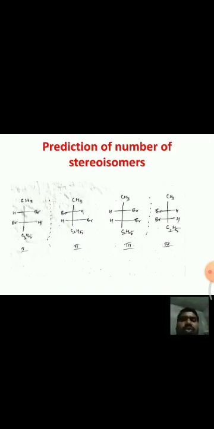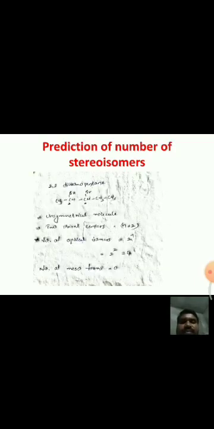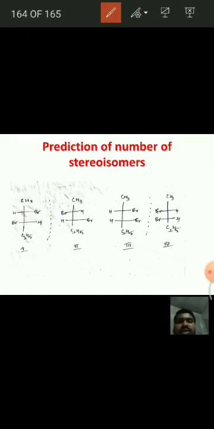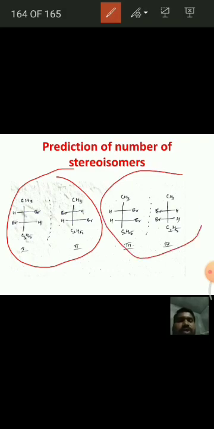And here are the 4 isomers of this 2,3-dibromopentane, and meso compounds are 0. 2 enantiomeric pairs are possible for this 2,3-dibromopentane.